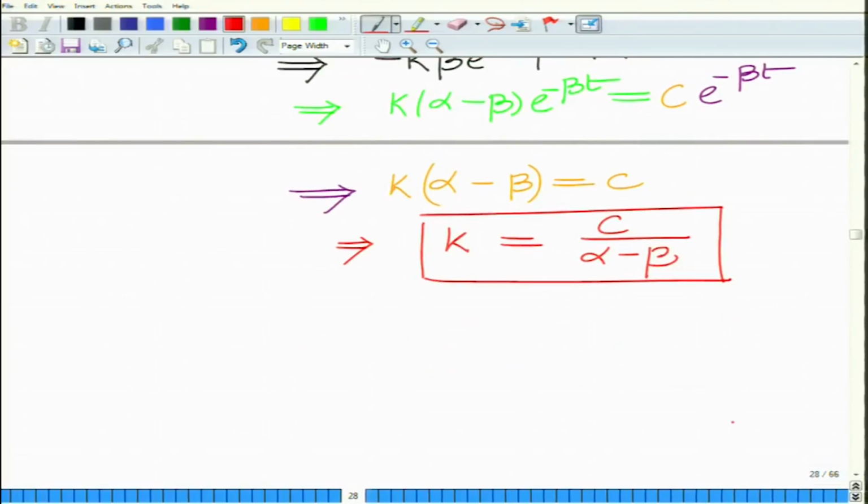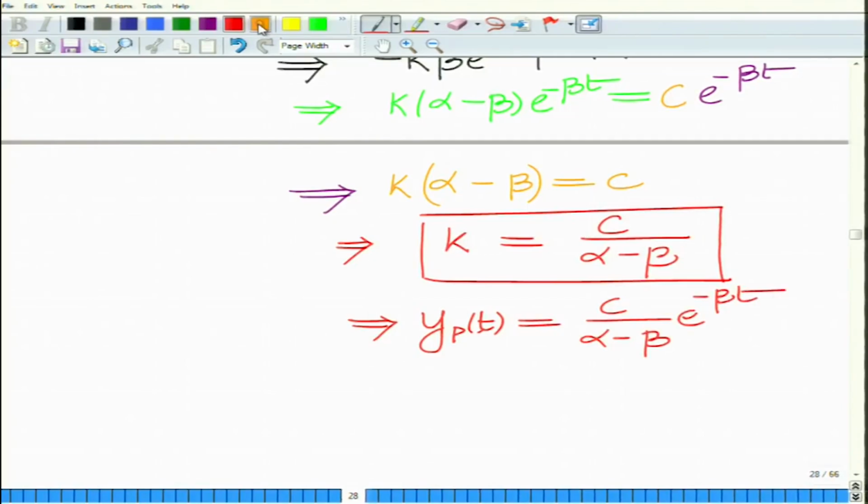So, the particular solution y_p(t) equals c over (alpha minus beta) times e raised to minus beta t.